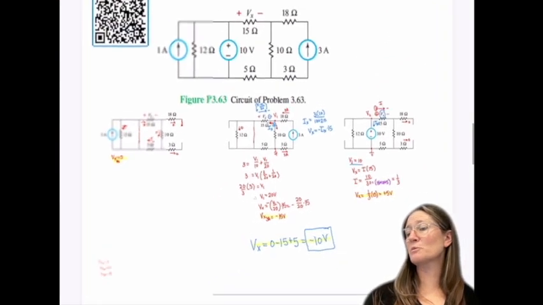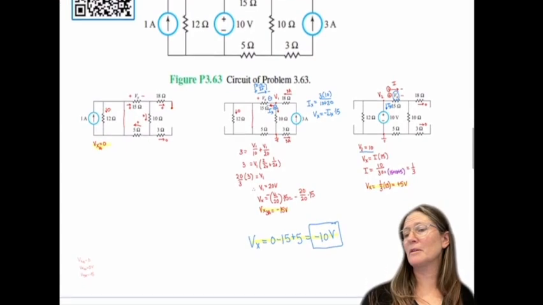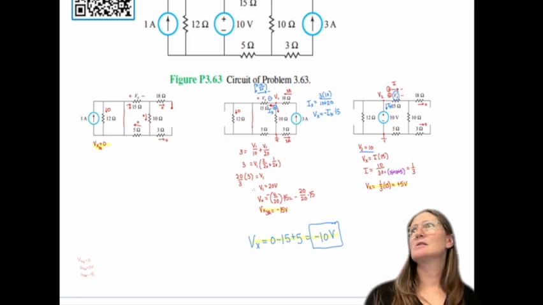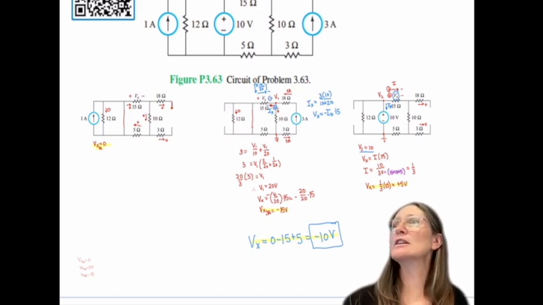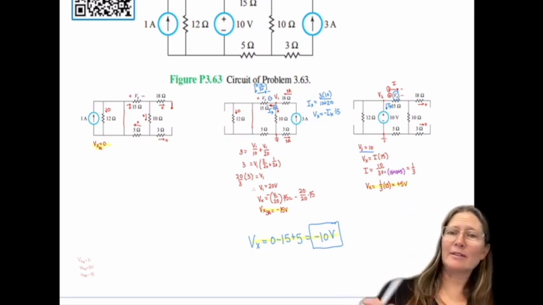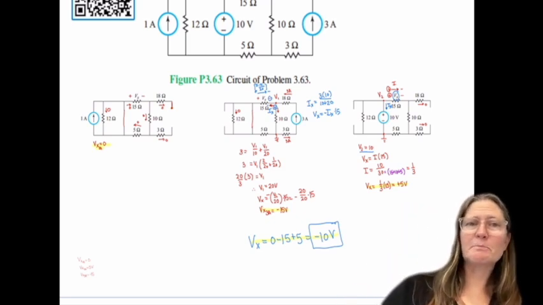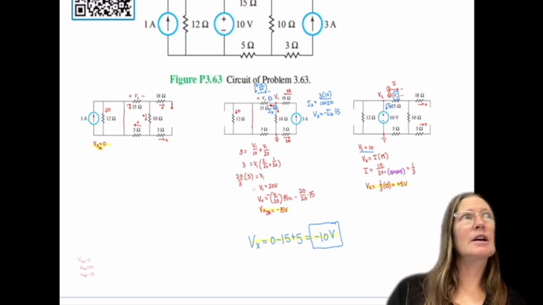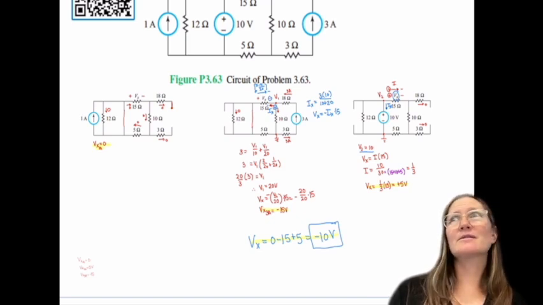Not doing superposition. Any thoughts? Do like nodal analysis? So you could just do a straight nodal analysis and put it in the calculator and check, is it right? So just one nodal analysis instead of the 3 steps. All right, questions on this?